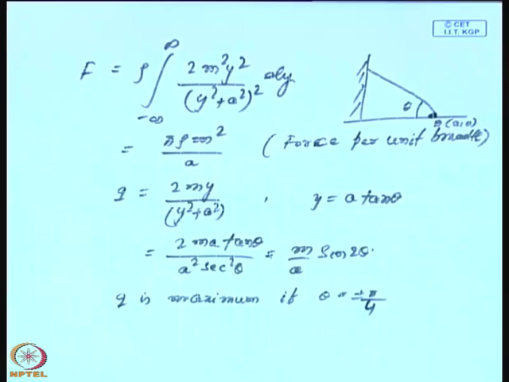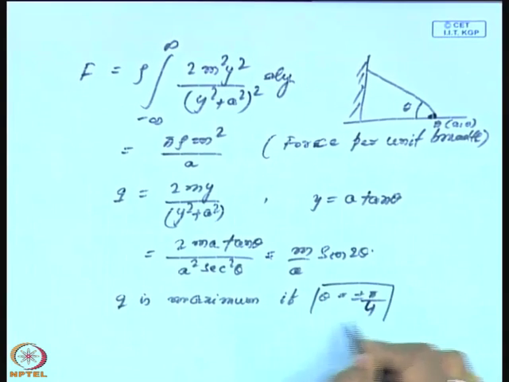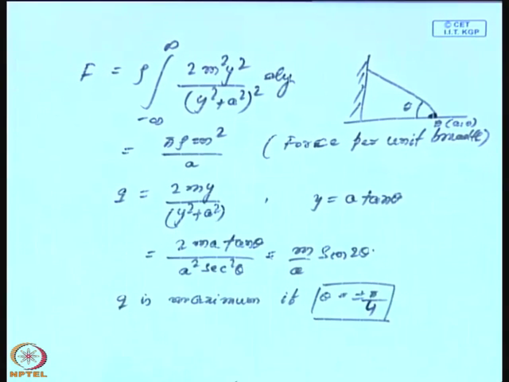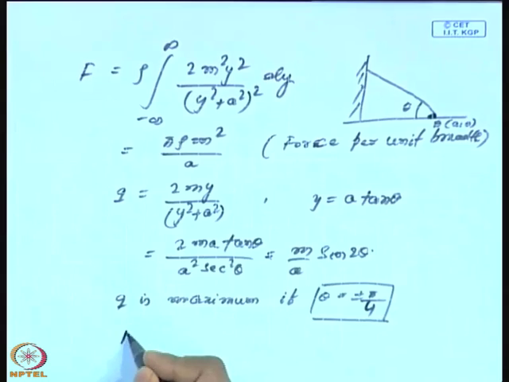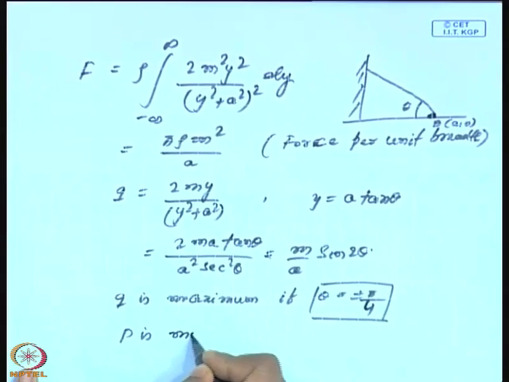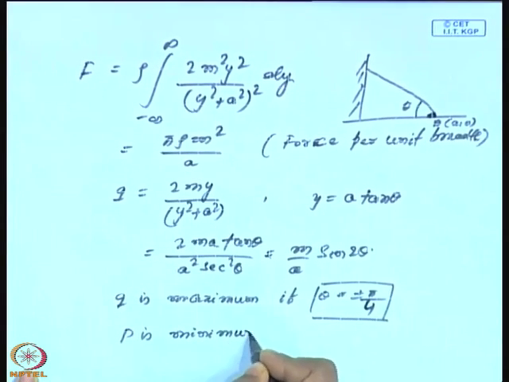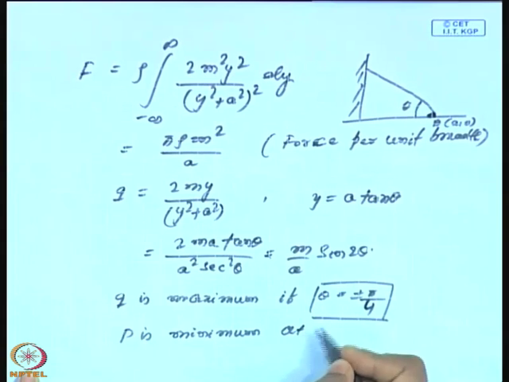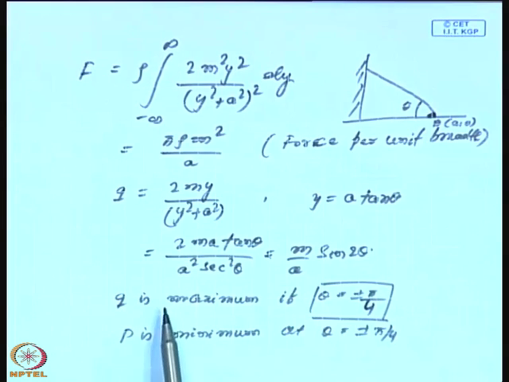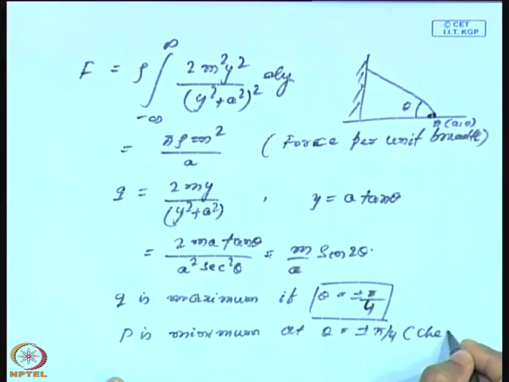At that point the speed is maximum, and we can see that p is minimum at that point, because from Bernoulli's equation, on a boundary, if the speed is maximum, p has to be minimum, and this can be checked from the previous relation.